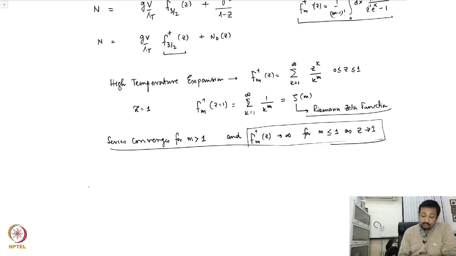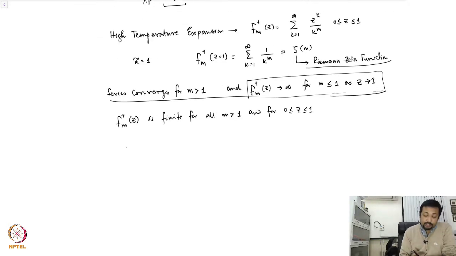On the other hand, f plus m of z is finite for all m greater than 1 and for z greater than or equal to 0, less than or equal to 1.